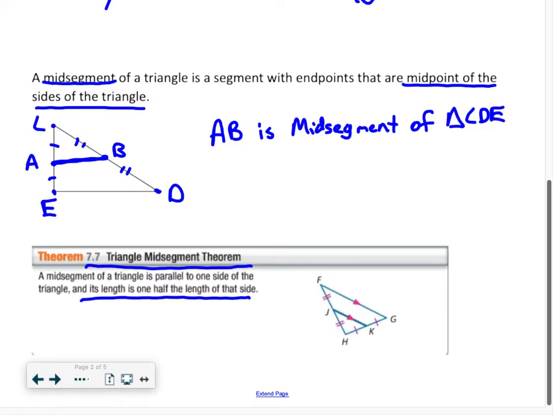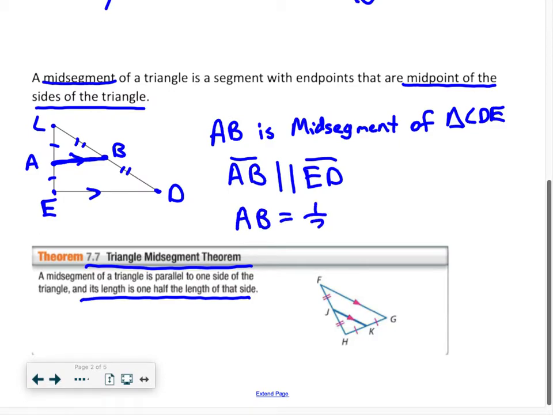Okay, and so AB, it is parallel to one side of the triangle. So what would AB be parallel to? In this case, AB would be parallel to ED. Alright, and AB is equal to 1/2 the length of ED.